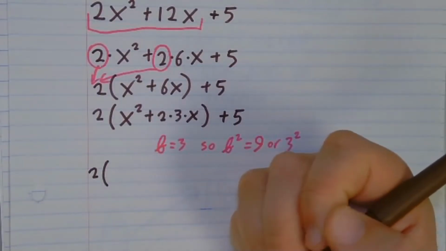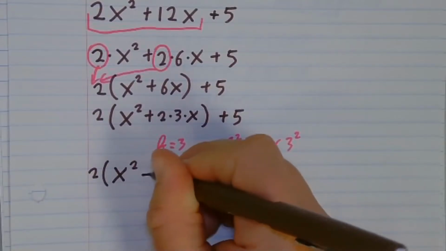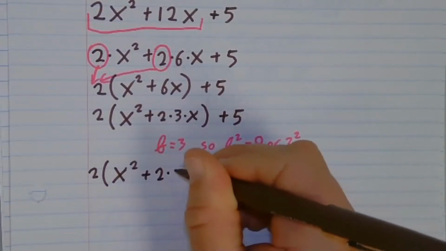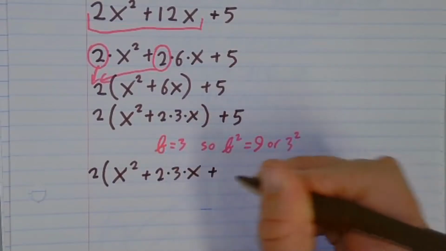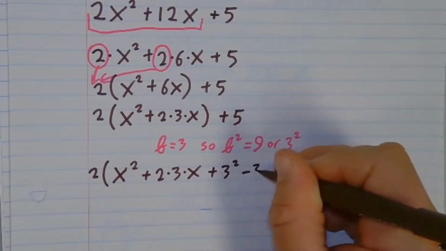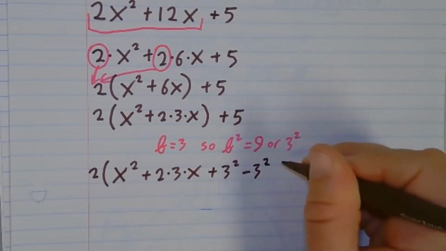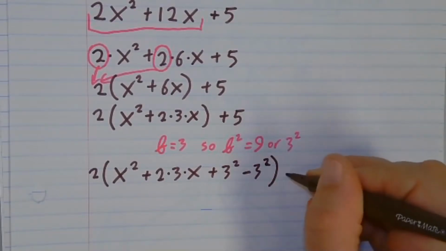It isn't equal to anything. But I can always add 0. So I'm going to add a special form of 0, which is plus 3 squared minus 3 squared. If I have 3 squared and then I take those 3 squared away, that's 0.